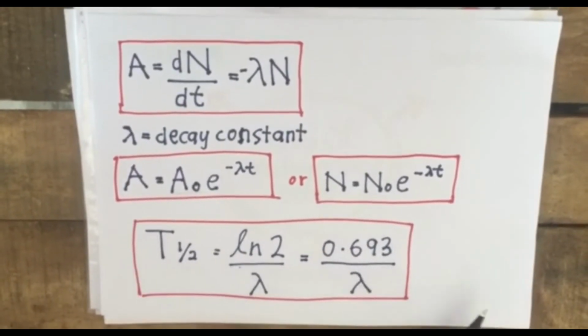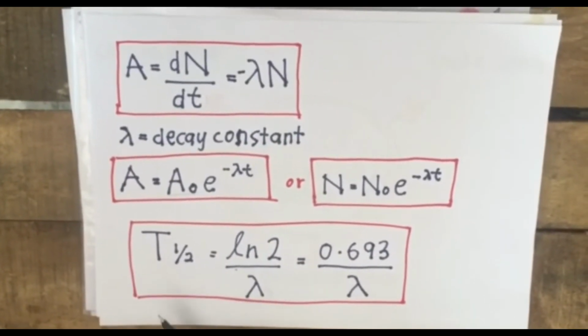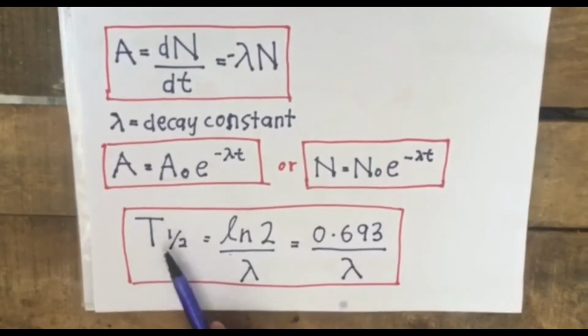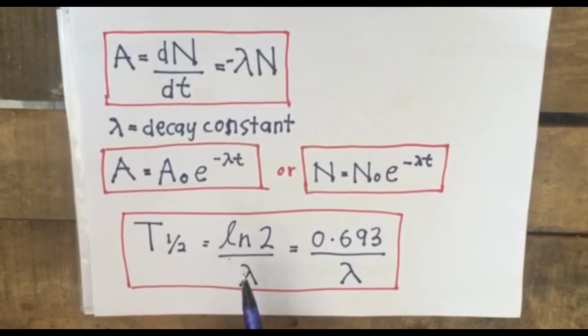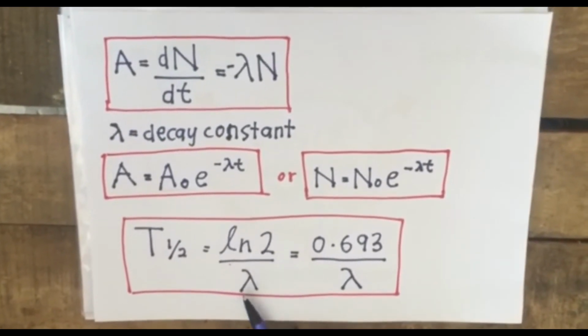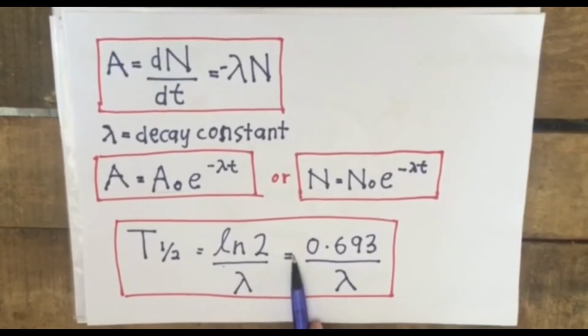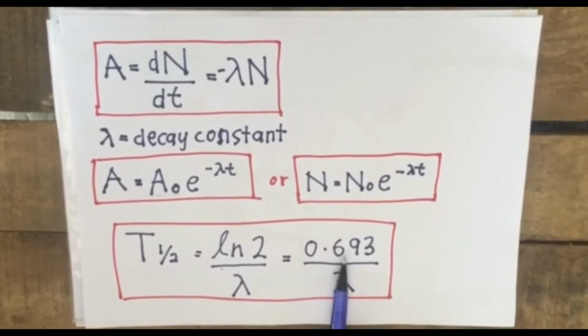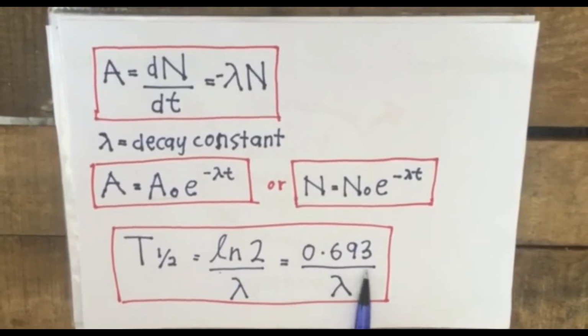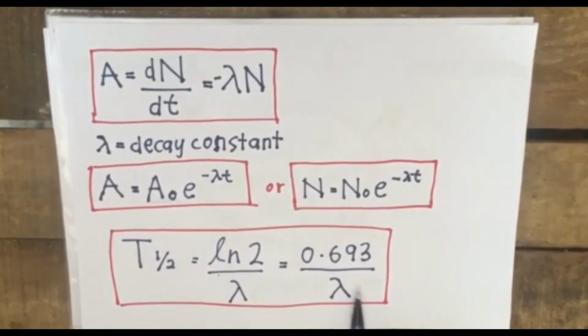So another equation is the equation of half-life itself. After derivations, we can get that the half-life is equal to ln 2 over the decay constant, or we can simplify, as ln 2 is equal to 0.693, divided by lambda.